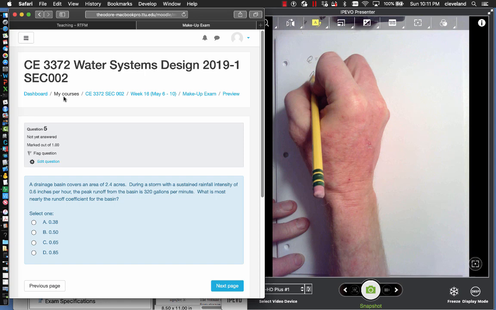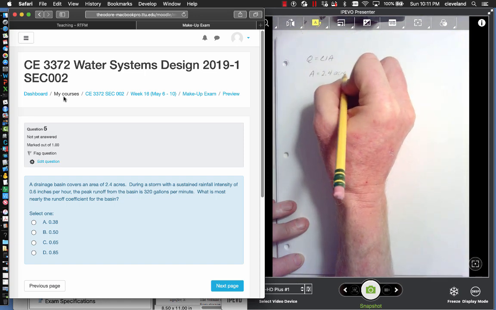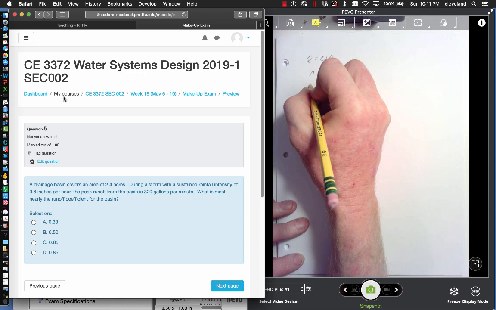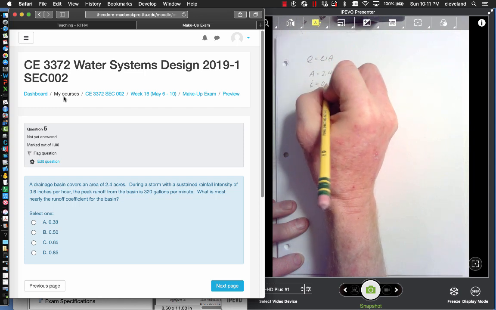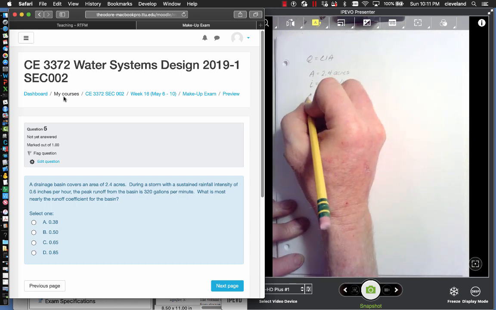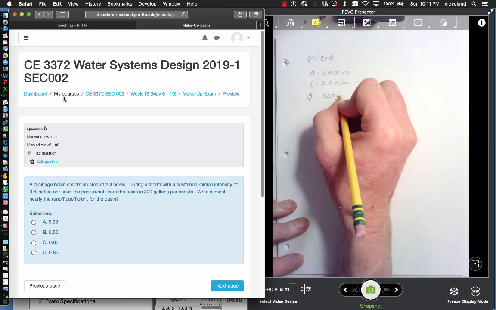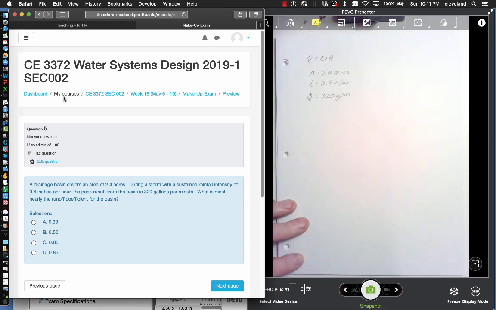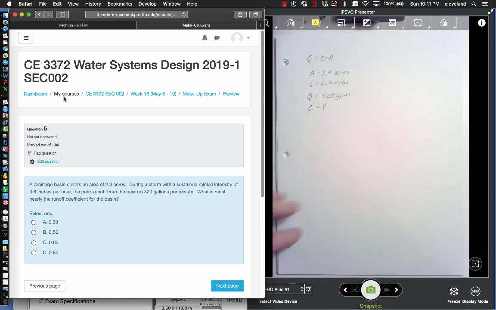So we're given that the area is 2.4 acres. The intensity is 0.6 inches per hour. Q is equal to 320 gallons per minute. And C is the unknown value.